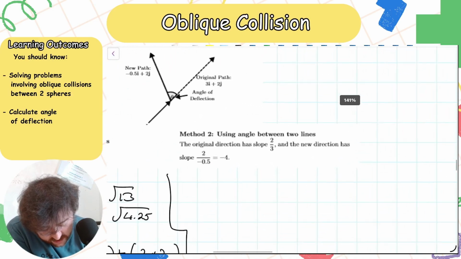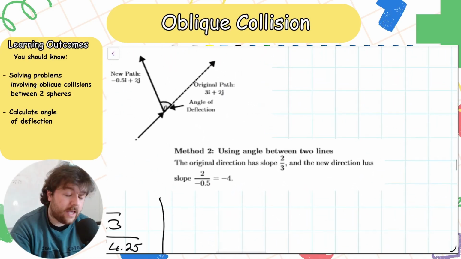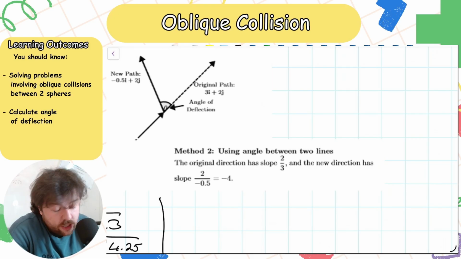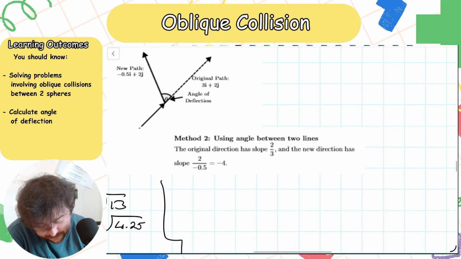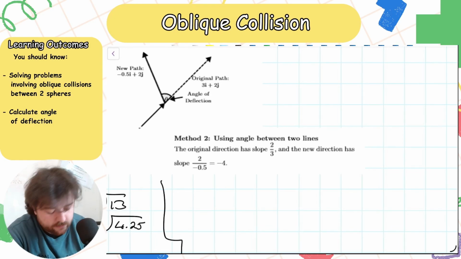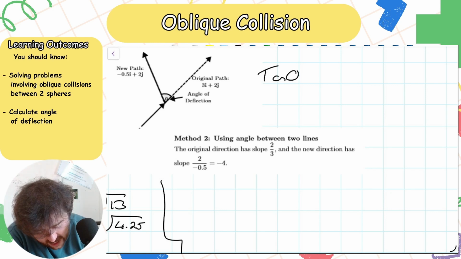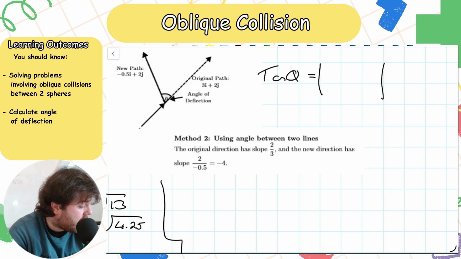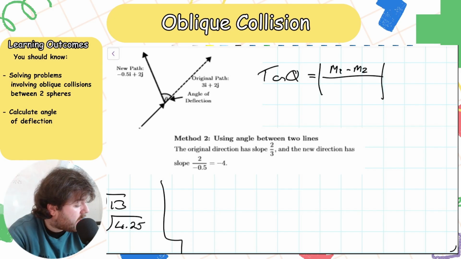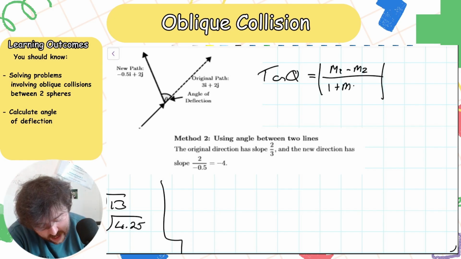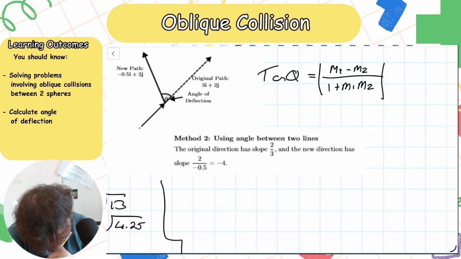So we could treat these vectors like lines, yeah? And we can use your angle between two lines formula from coordinate geometry in your maths course. So how we do that is I need to calculate the slope of this vector. So if you remember, tan theta is equal to the absolute value, so that gives me my acute angle, of m1 minus m2 all over 1 plus m1 m2.